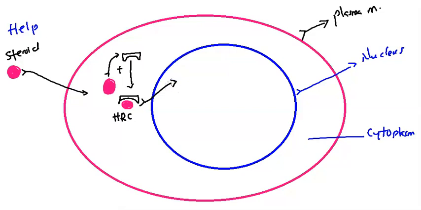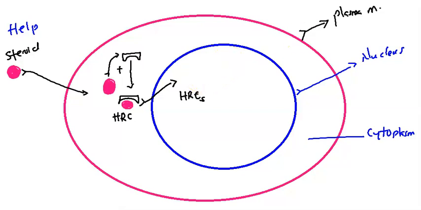And that is where the nuclear translocation comes in, which says the hormone receptor complex enters the nucleus to bind hormone response elements on the DNA. HRC will basically bind on HRE, which simply stands for hormone response element on DNA. So this is how it's going to look.